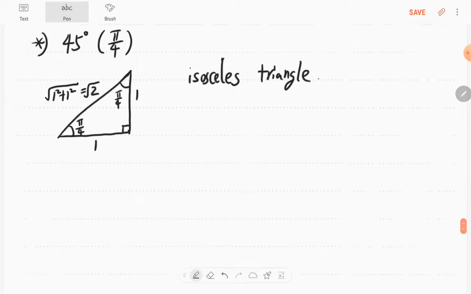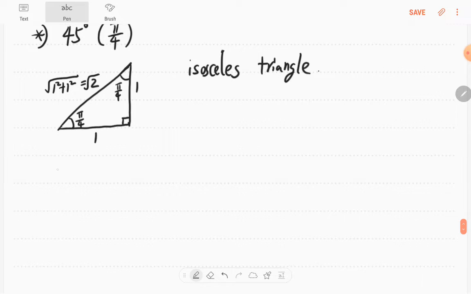So now we can calculate sine of pi over 4, or 45 degrees, which is what? Opposite 1 over the hypotenuse, square root 2. Some textbooks write it as square root 2 over 2.